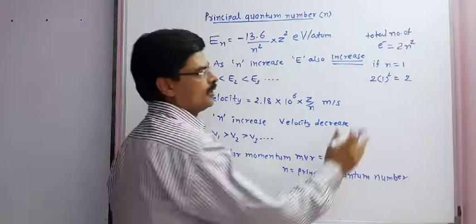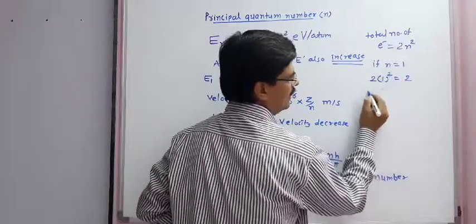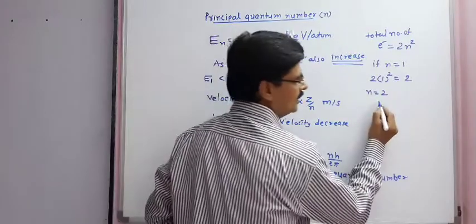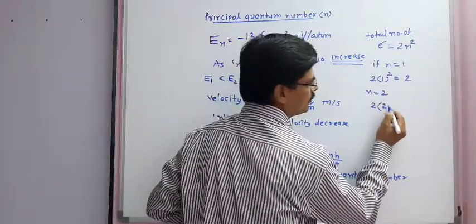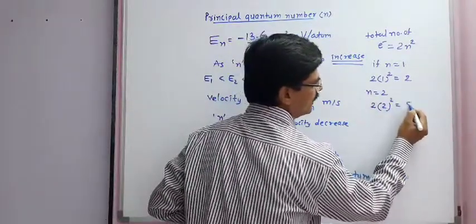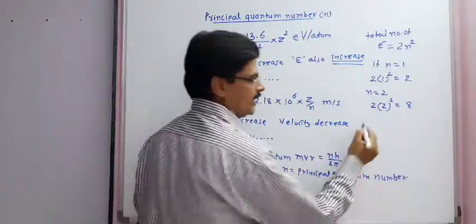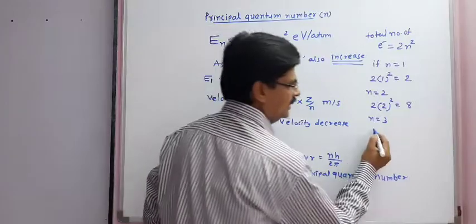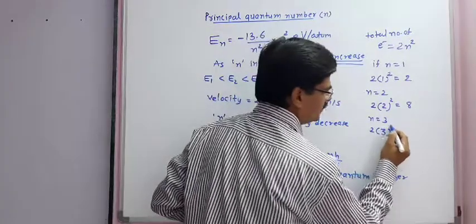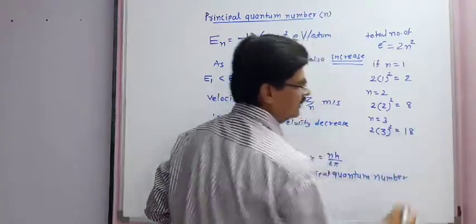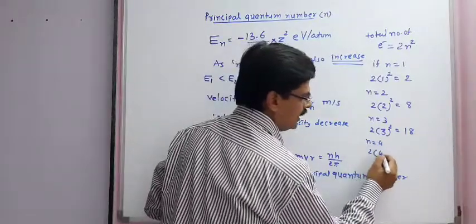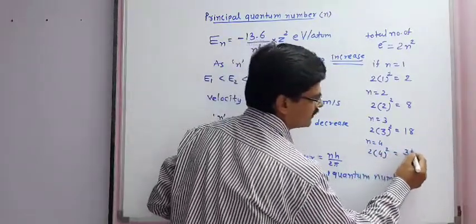For n is equal to 2, 2 into 2 square, that is 8. For n is equal to 3, 2 into 3 square, that is 18. And for n is equal to 4, 2 into 4 square, that is 32.